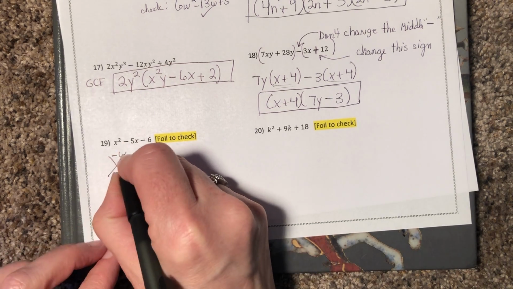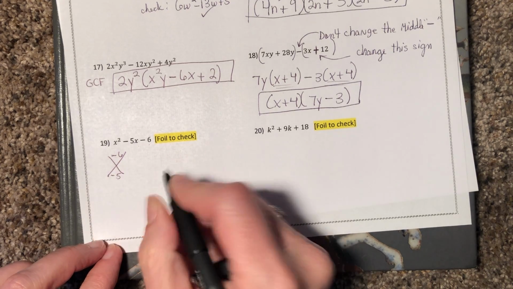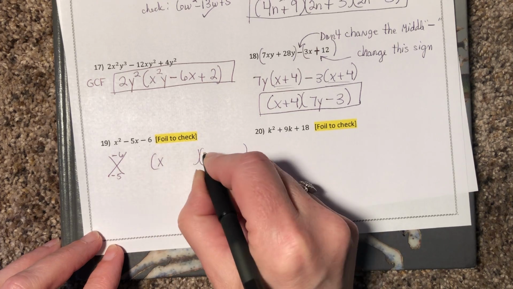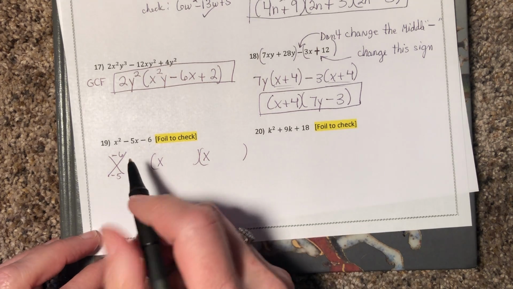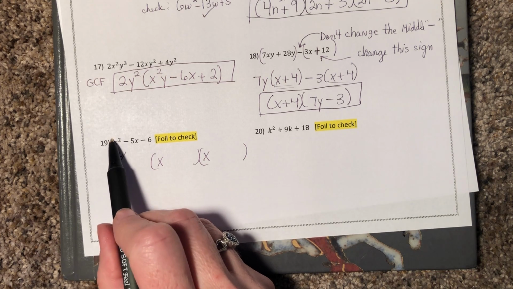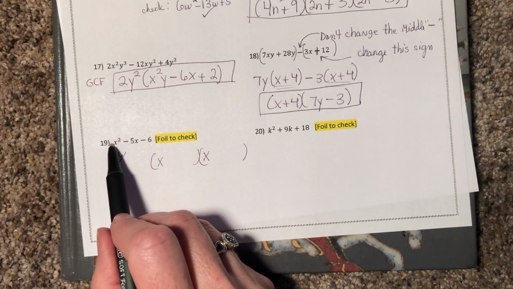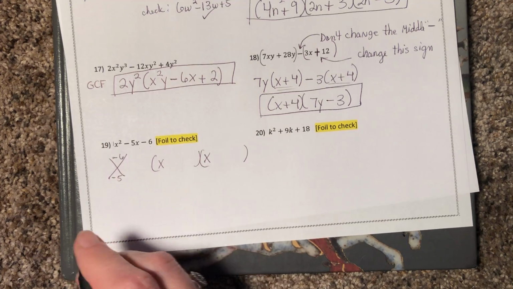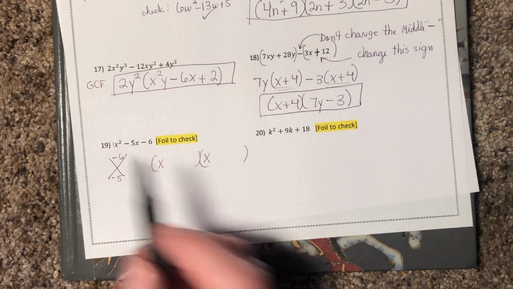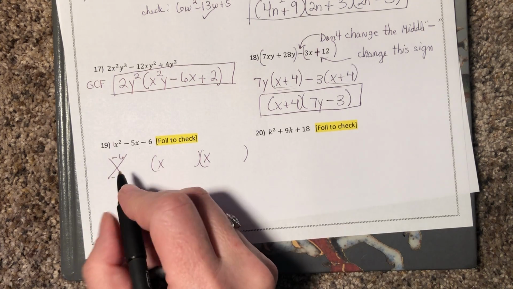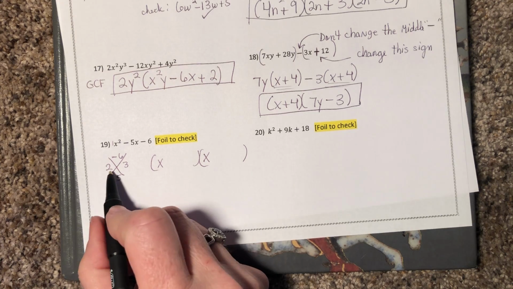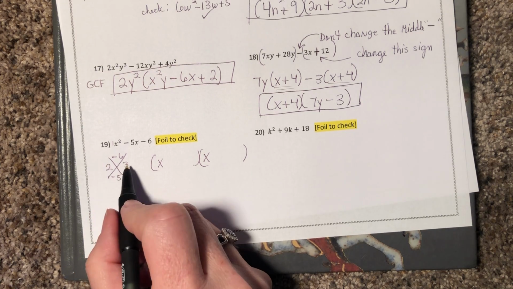Okay, -6, -5. Get my parentheses started, and it's got to be x times x. The reason it's crisscross and not trial and error is because crisscross doesn't have a number there besides an invisible 1. Anything besides a 1 has to go to trial and error. All right, now 2 times 3 makes 6, and I can get to a 5 with a 2 and a 3 by addition.